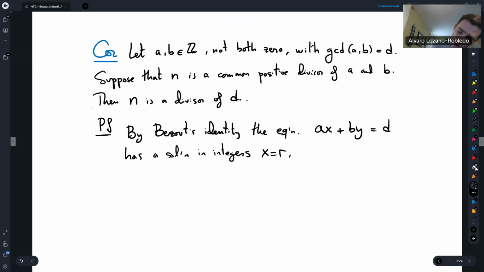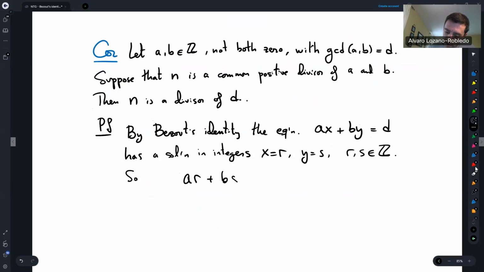So X equals R and Y equals S for some integers R and S, so that AR plus BS equals D.